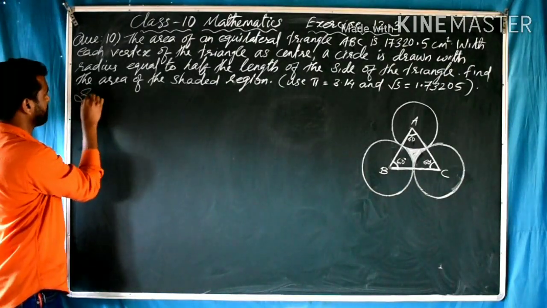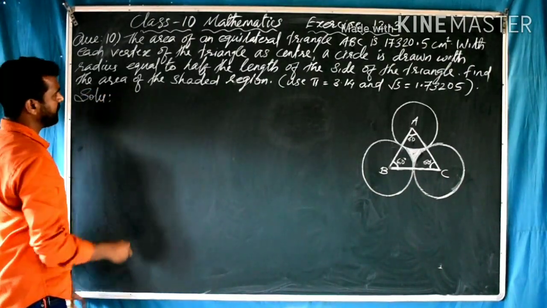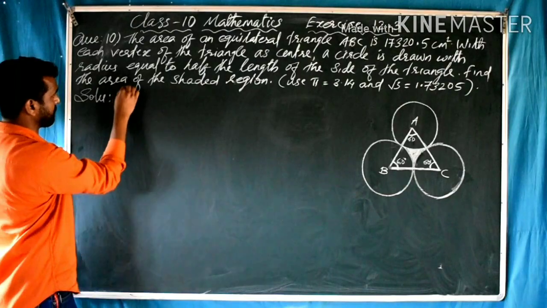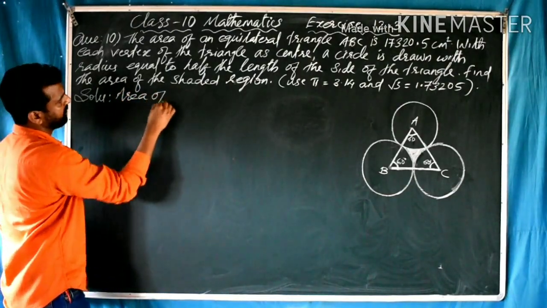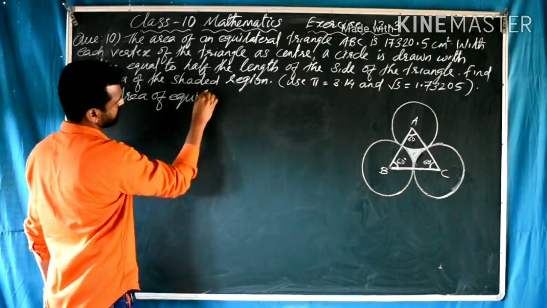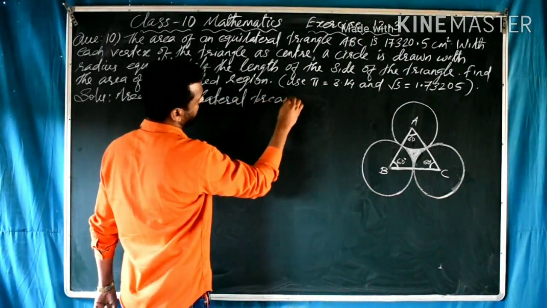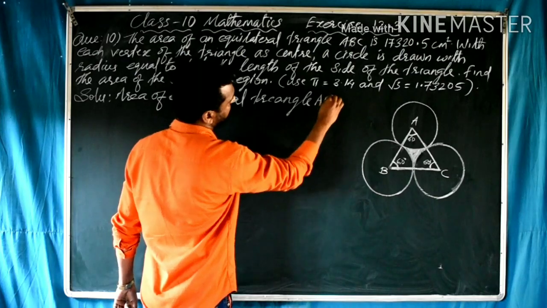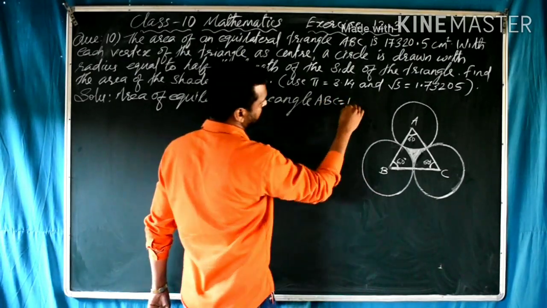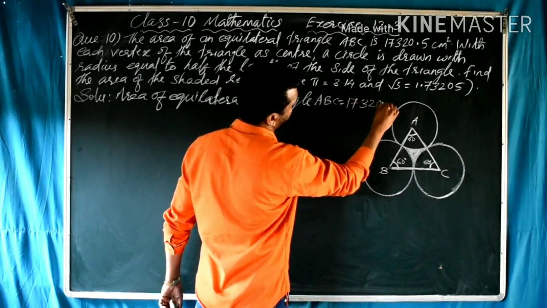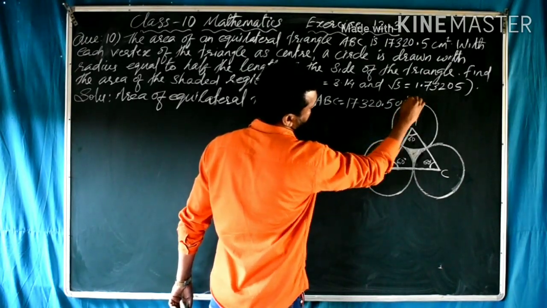So first we write that the area of equilateral triangle ABC is equal to 17,320.5 centimeter square.